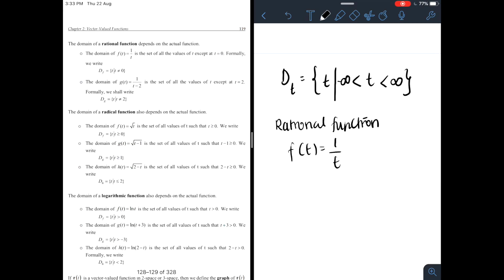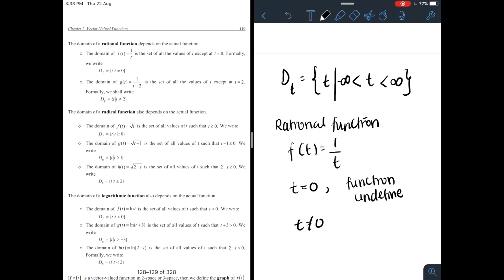Your function will be undefined when you choose t equal to 0. So no matter what, in order for the function to be defined, t cannot be 0.